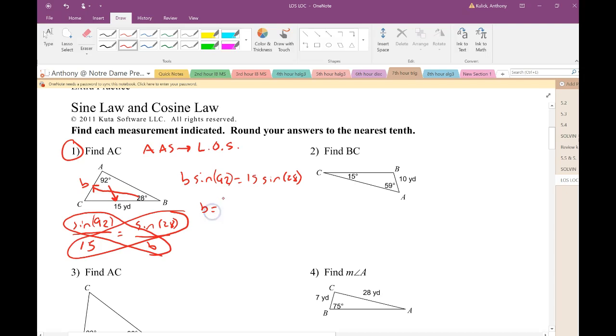If I divide both sides by sine 92, I have this. Then if I go to my calculator, 15 times sine 28 divided by sine 92 gives me about 7.05. And I guess our unit would be yards.